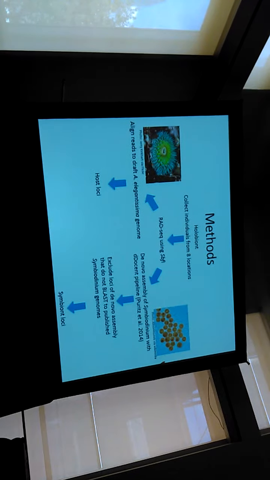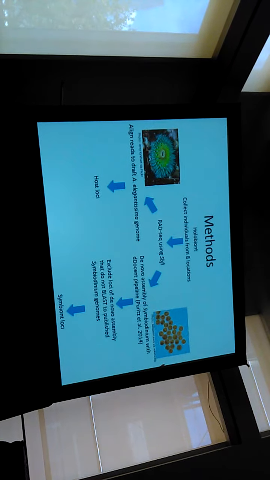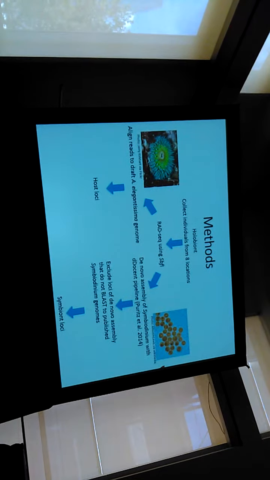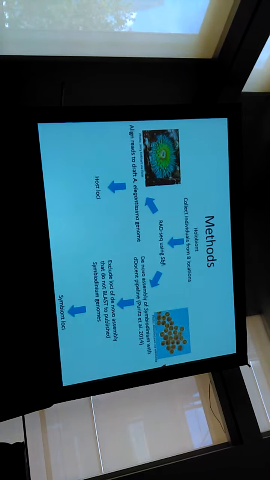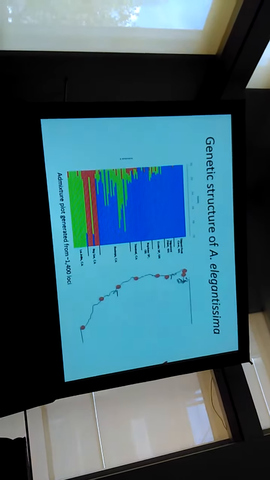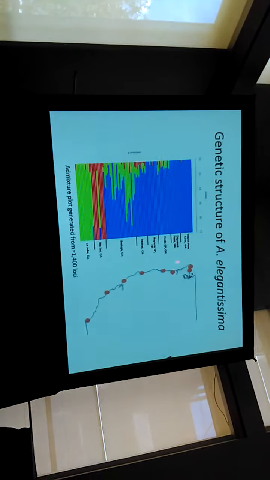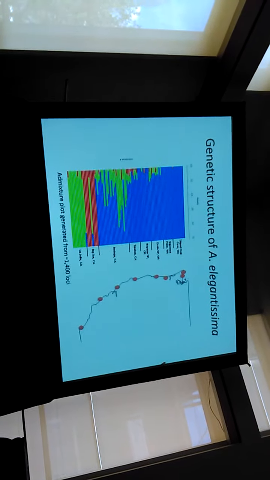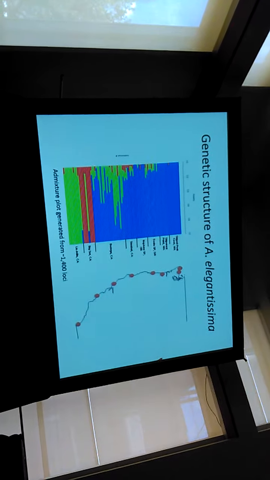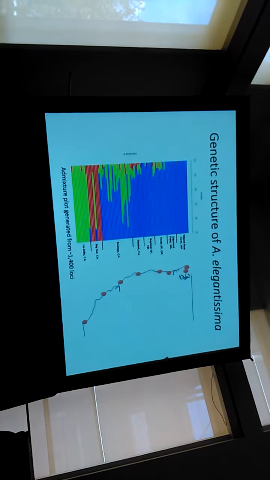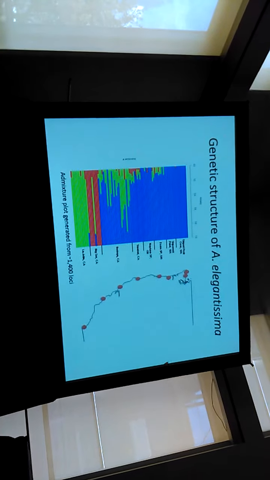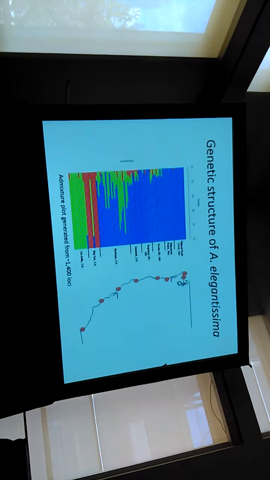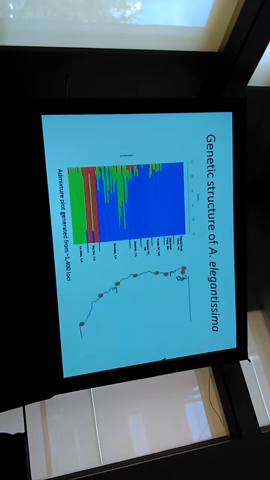Specifically, I'm going to talk about elegantissima because I have the most data collected for them. So that's the small clonal polyps that form large aggregations on the coast. If we go down the coast, starting up in northern Washington down to southern California, these hosts are not panmictic despite that long larval duration that they have, right? So despite that potential where they might disperse long distances, there's genetic structure along the coastline.